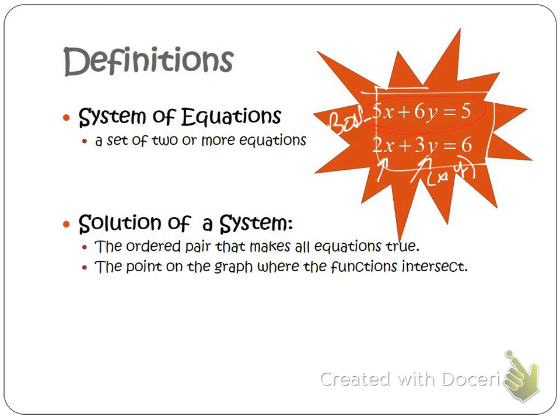If we were to graph the second equation, again, it's a linear equation, so we would graph a line. And there's a bunch of points on that line that would be solutions to that equation. So if we're looking for a solution, a point that makes both of those equations true, then it should be a point that's on both of those lines. In other words, we're looking for a point where the graphs of the functions intersect. Okay? That's if we're graphing.